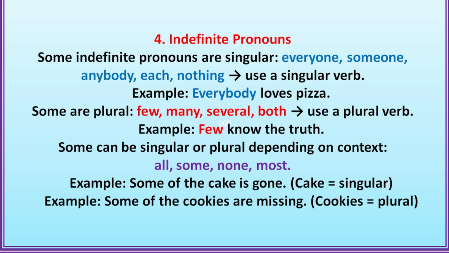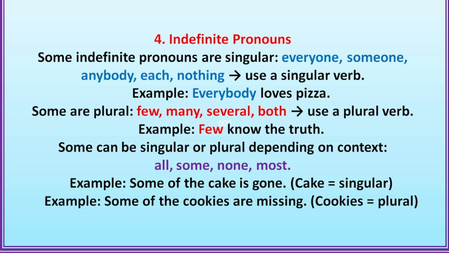Some can be singular or plural depending on context. These are all, some, none, most. If these pronouns are given in the sentence, then we have to use the verb according to the noun.